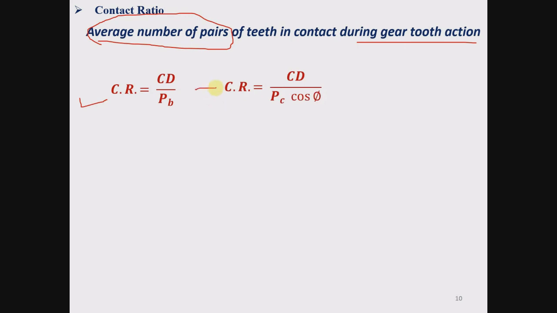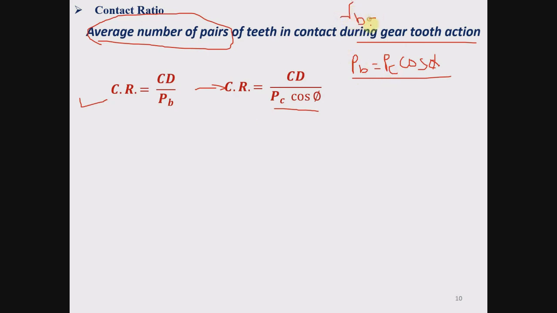That is, contact ratio is equal to CD upon PC cos of phi, because the base pitch is related to the circular pitch by cos of phi, where phi is the pressure angle. So base pitch is equal to cos of phi times the circular pitch. आपण असं लिहितो ना, what we write?